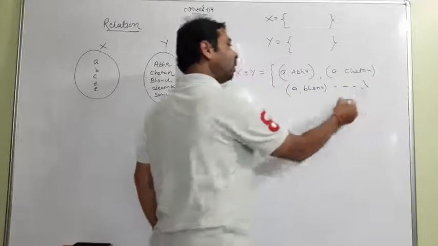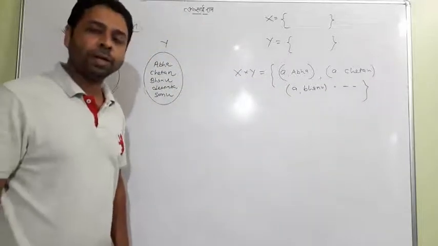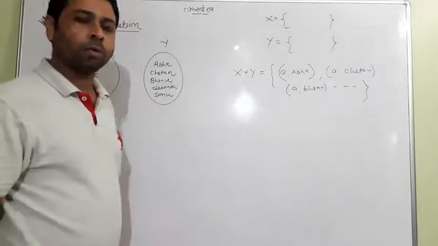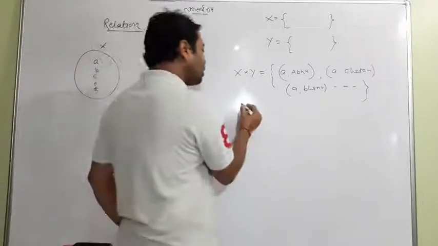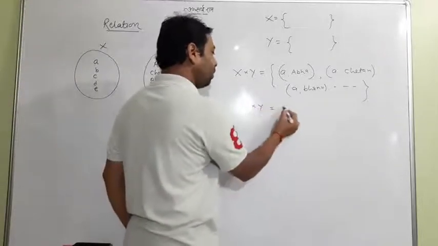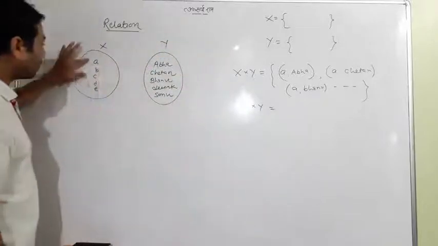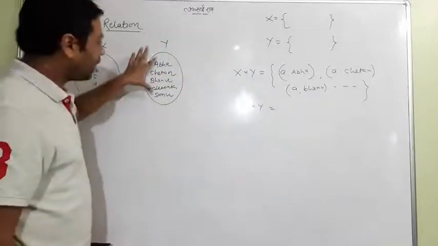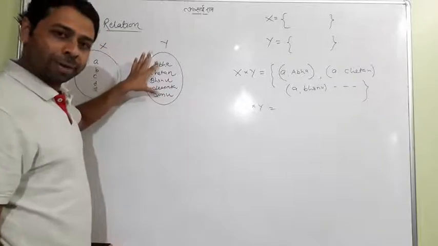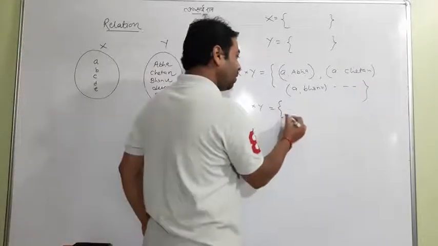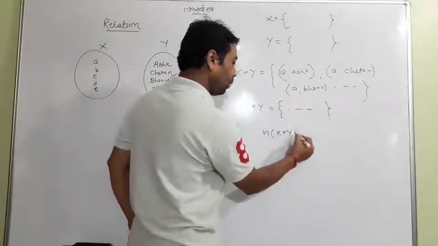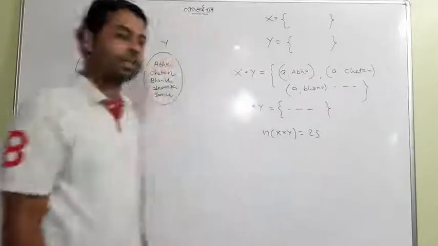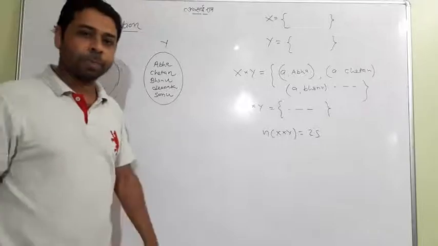I don't think I need to tell you how we find A cross B. You all know it now. So X cross Y has how many elements? You also know it. X has 5 elements, Y has 5 elements. So X cross Y definitely has 25 elements. That is not a surprise. 5 fives are 25.